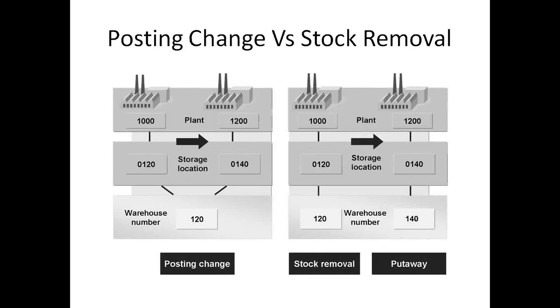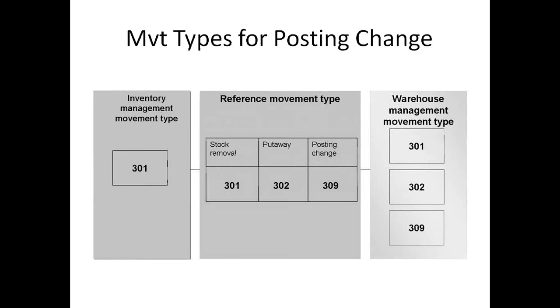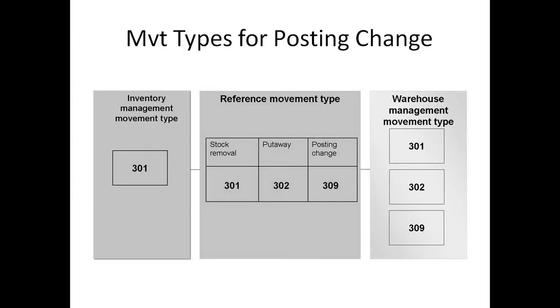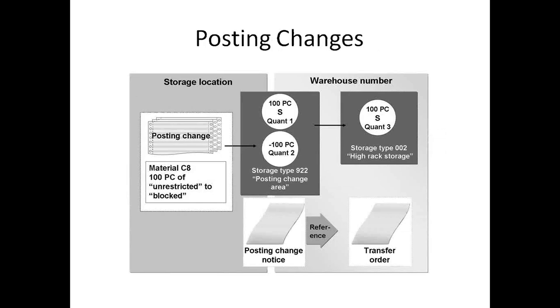The system picks up the particular movement type from the combination. If, for example, the structure is like the left side, it always picks 309, the posting change movement type, and it will post into the 922 posting change area.